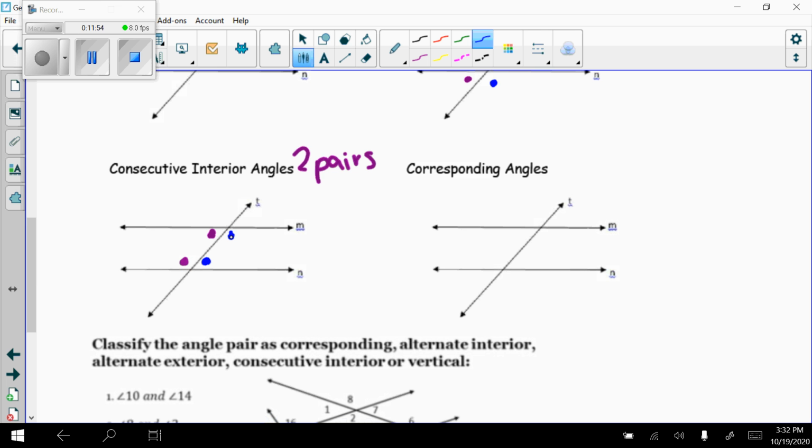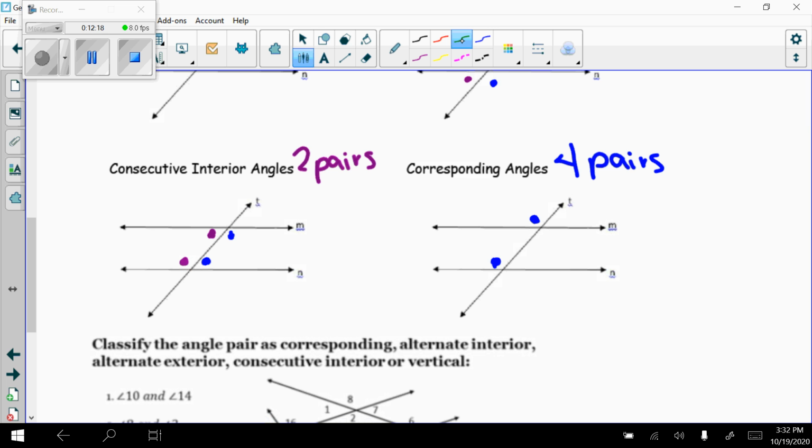And then corresponding angles. We will have 4 pairs of corresponding angles. So if I just start with this angle right here. Remember, corresponding, we said it sits in the same spot. So this one that I first marked, it's on the left of the transversal above the line. So I need to find another angle that's on the left of that transversal above a line. That would be that angle right there.